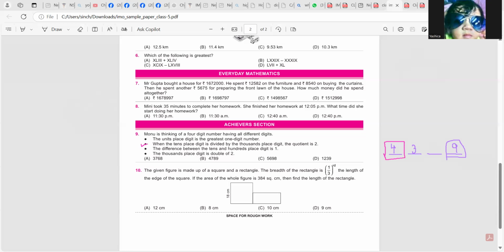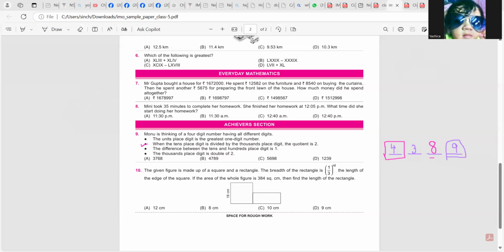Yes, so in the first, I realized my mistake now. In the first, I thought 4 divided by 2 is 2, so it's 2. But it's 8 because the dividend will be the tens place digit, so it will be 8. Sorry. Yes.